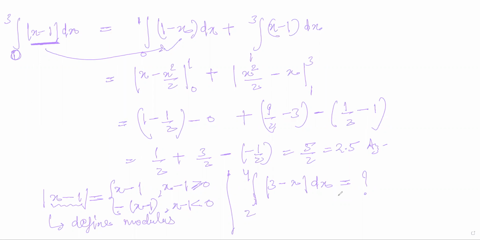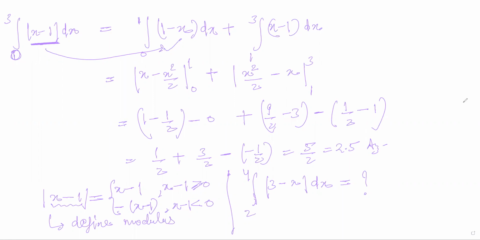First, define mod of 3 minus x. To define mod of 3 minus x, consider the very basic concept, just how I told you what the modulus function is. If the value inside is positive, open it directly. The value inside it, in this case, is 3 minus x.